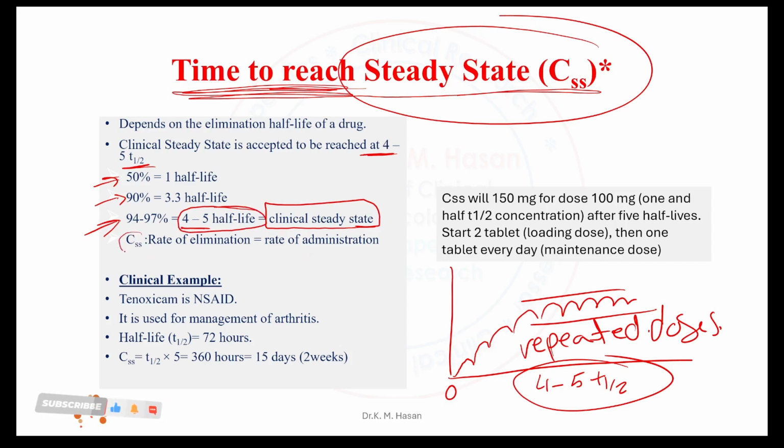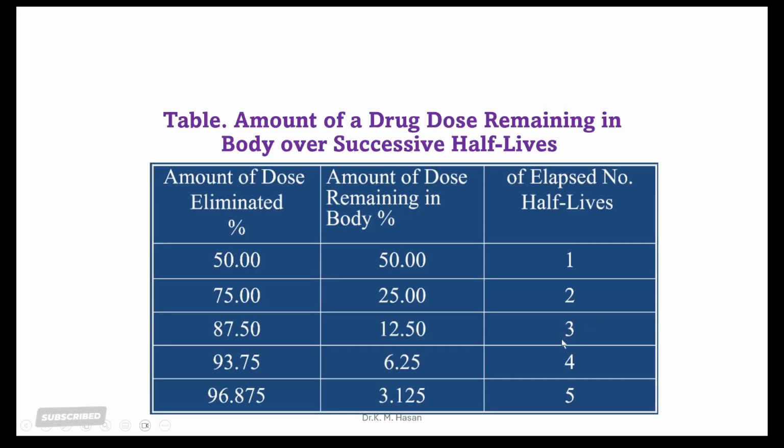Here, at CSS, the rate of elimination will be equal to the rate of administration. We have an example here, and maybe a figure to show you. When we prescribe the medication to the patient, let me say you prescribe 100 milligrams, which represents 100%. After the first half-life, we have 50% remaining in our body, and 50% will be eliminated.